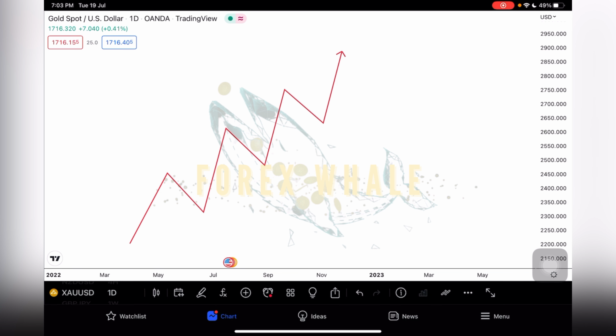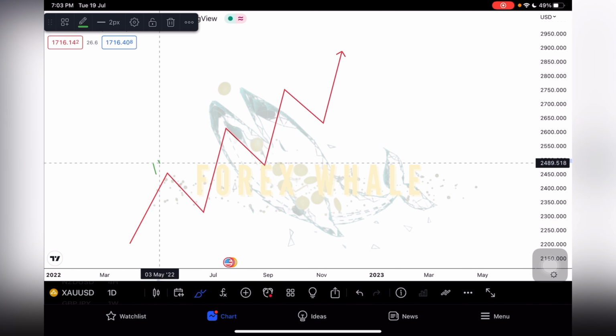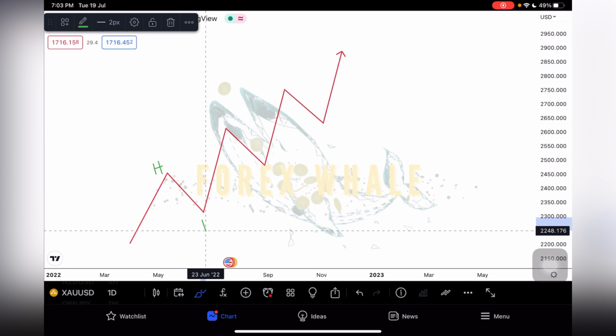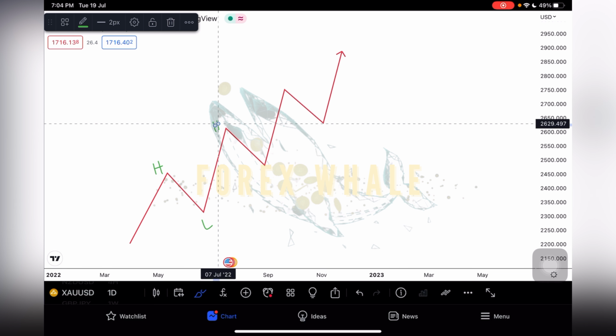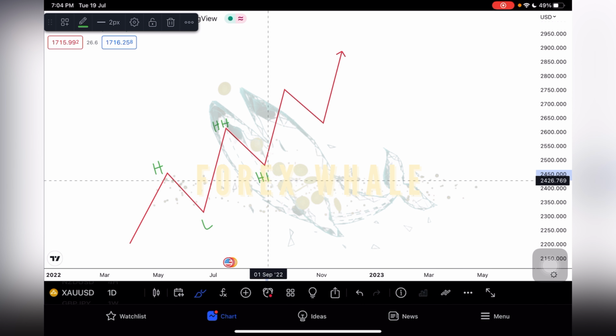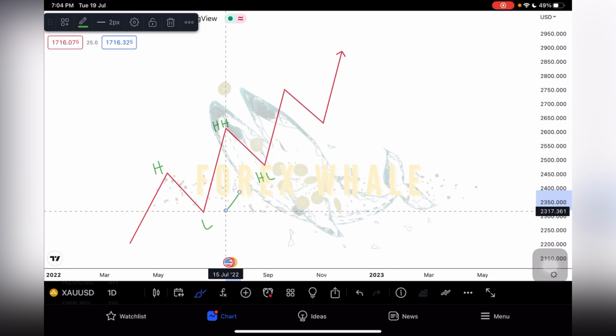It's very difficult to identify this, but here you go. This is your high, H is your high, and then this is your low. And then you have your higher high. Why? Because the resistance is higher than the previous resistance. And then you have your higher low, which is higher than your previous low.